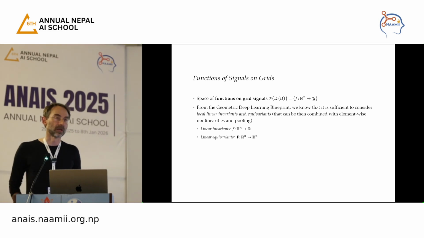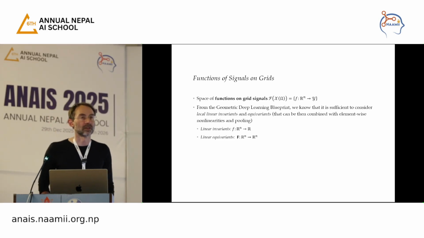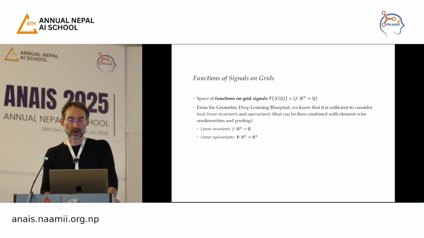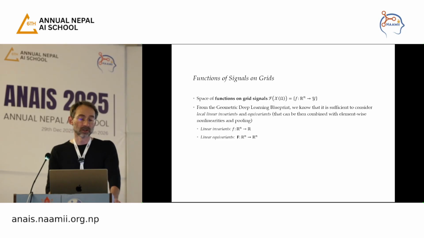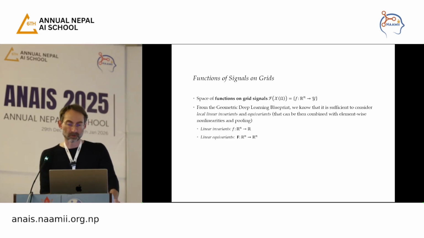Because we know that we can combine them together with element-wise nonlinearities, poolings, and so on. And this way we can construct nonlinear functions, right? So linear invariance will look like this. It's a function that takes a vector and produces a scalar. And linear equivariant is a function that takes a vector and produces a vector of the same dimension, okay?